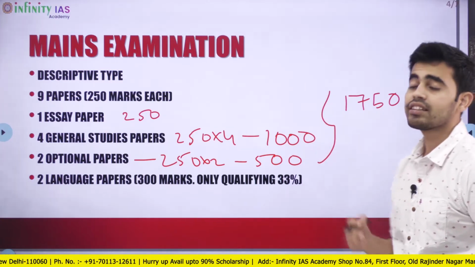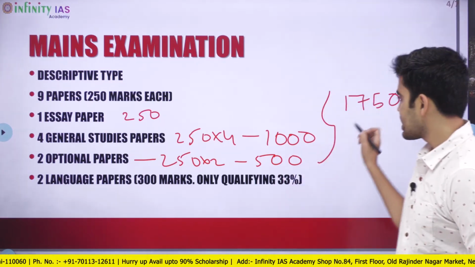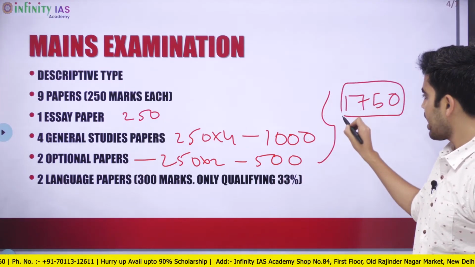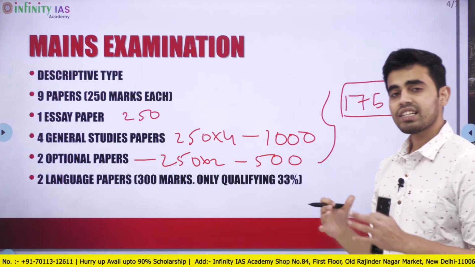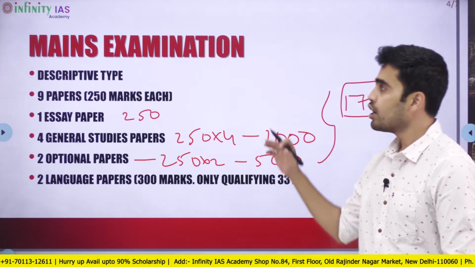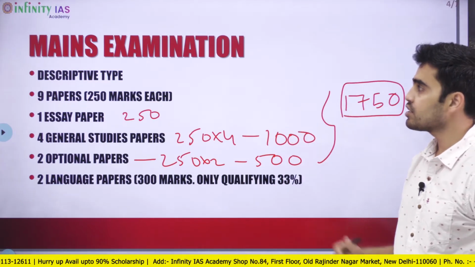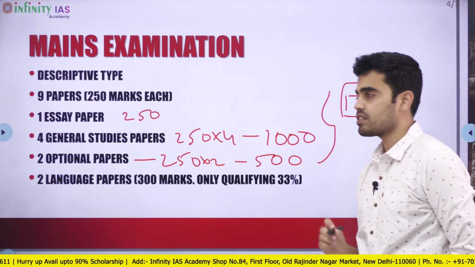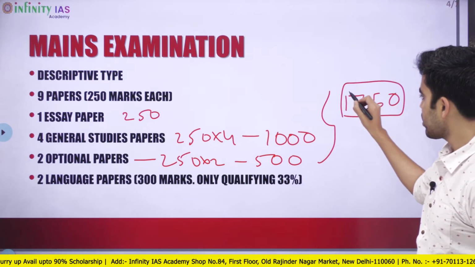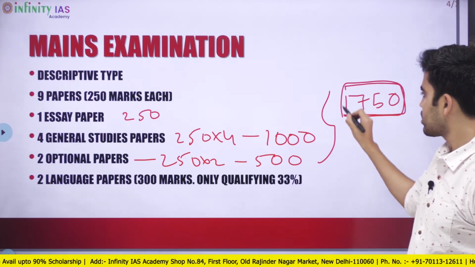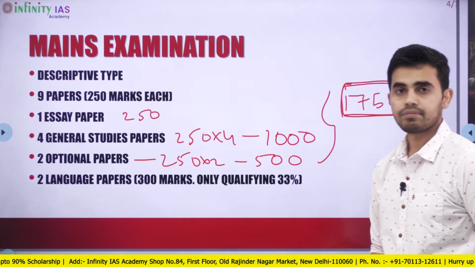Of the students that write the mains examination, a specific cutoff will be announced. The students have to score more than the cutoff to qualify for the next stage of the examination, that is the personality test. So 1750 marks is the total in the mains examination.